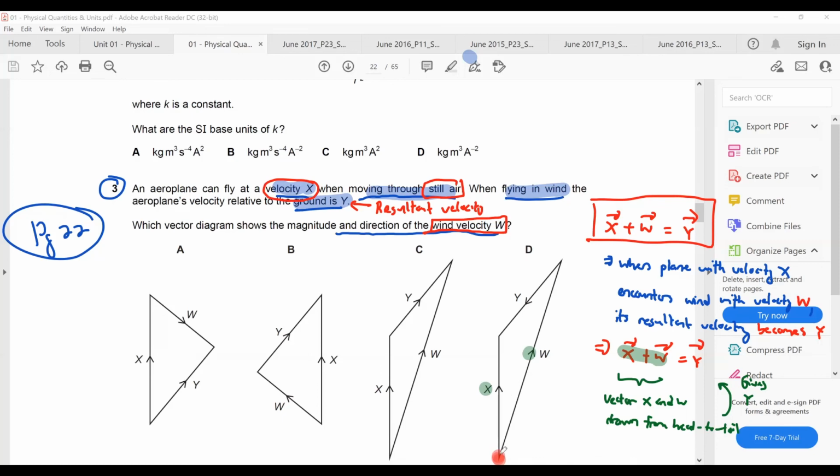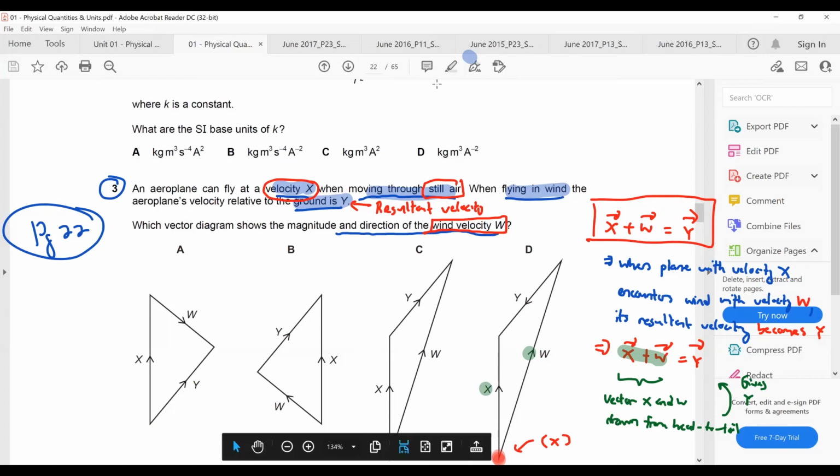Notice that the tail is meeting the tail, right? So this is not head to tail. For head to tail, the head must be meeting the tail of the other. That is what I always mean by head to tail. If you see head meeting head, tail meeting tail, it is definitely not correct. So like here, yes, you are correct in saying that it should be A.